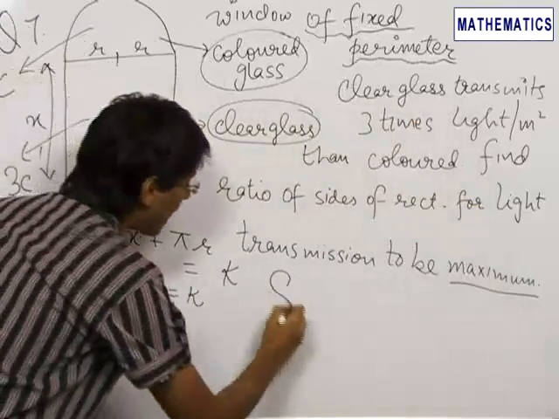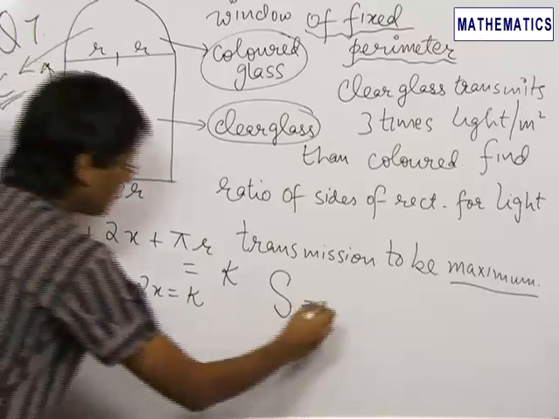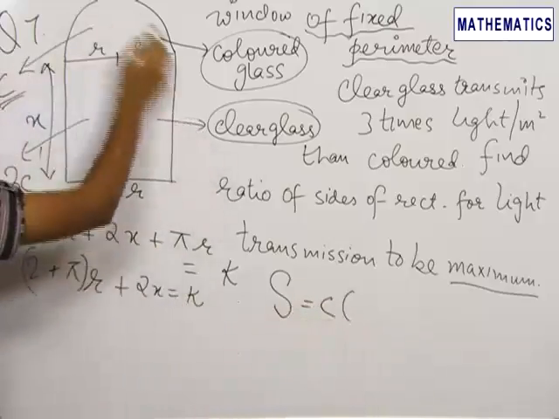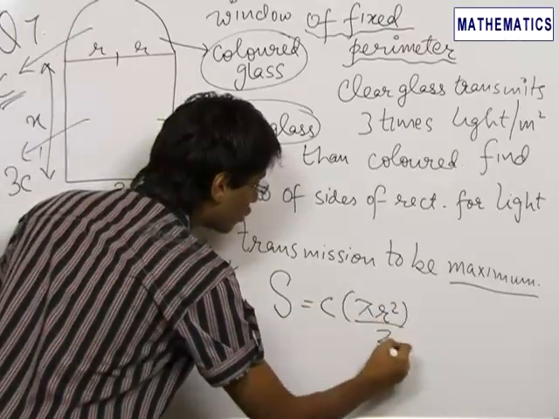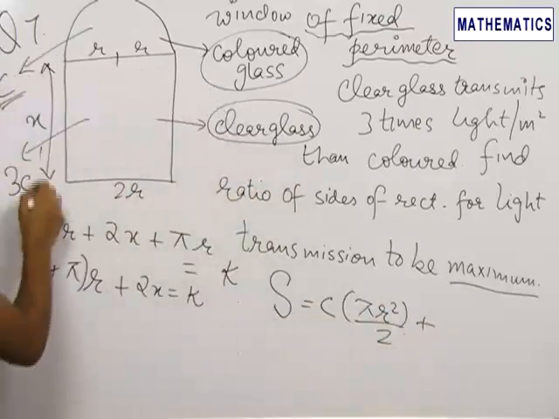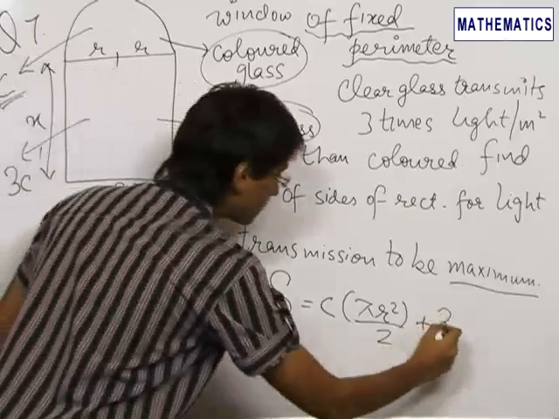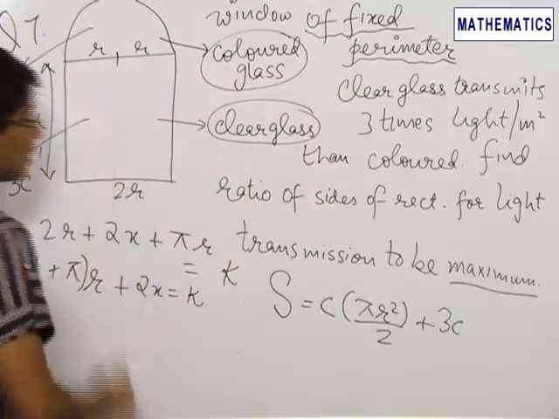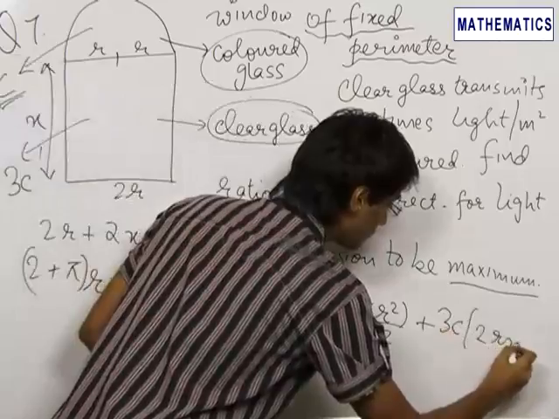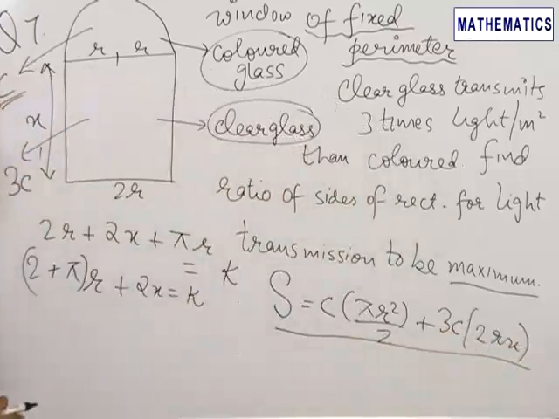So if we take the total light to be equal to S, then it equals the per unit area transmission C times the area of the semicircular portion, that is pi r square by 2, plus 3C, which is the per unit area transmission of the rectangular portion, times the area of the rectangular portion, which is 2r into x, and we need this light to be maximized.